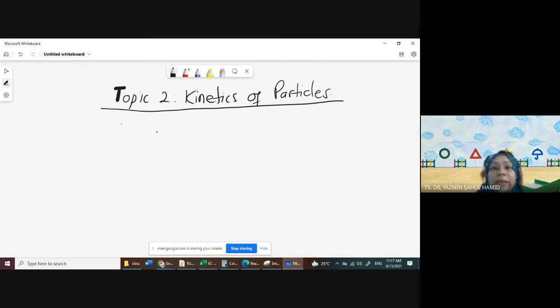So when we're doing kinetics, it will involve forces. So let's just write down. Make sure you have your pen and book with you and write down.